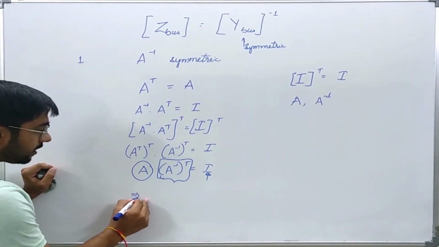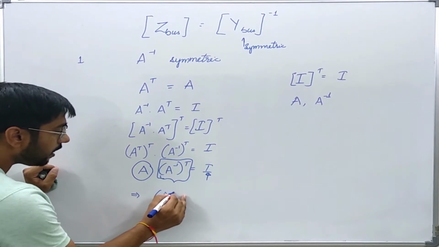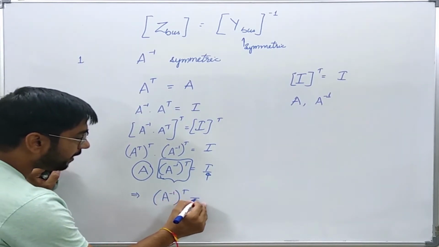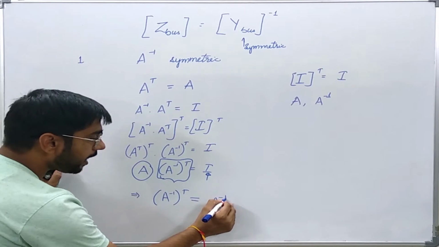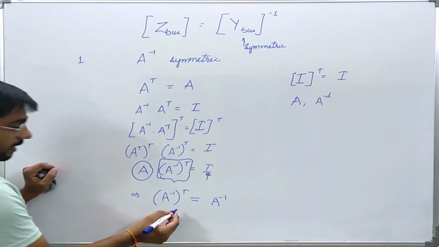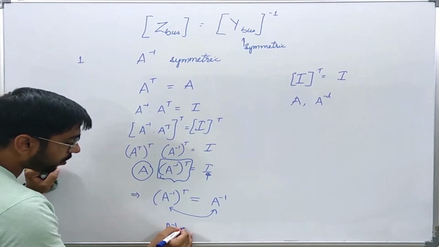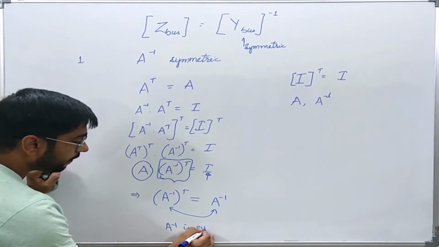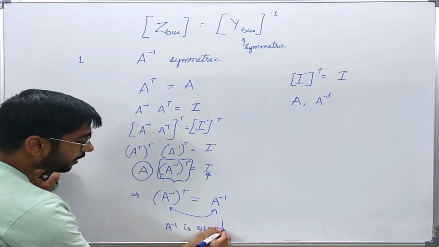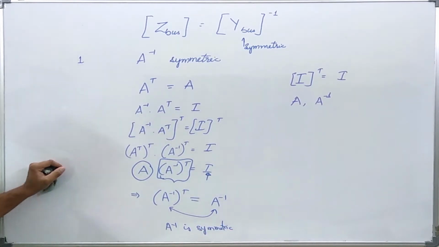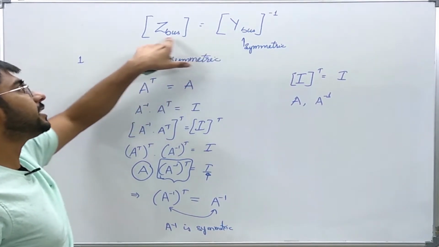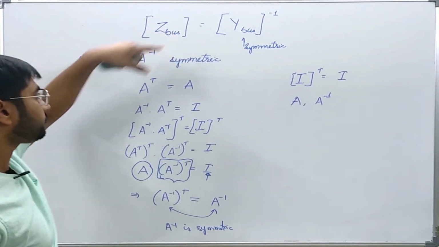It implies A inverse transpose must be equal to A inverse, and this implies that the A inverse matrix is also symmetric. So in this way, I have proved that if Y bus is symmetric, then Z bus is also symmetric.